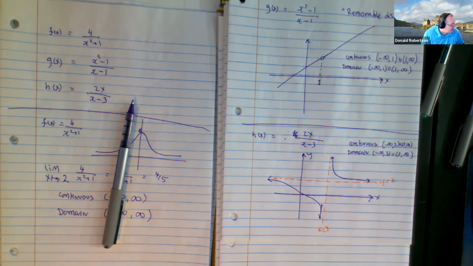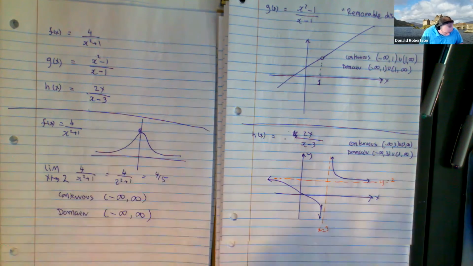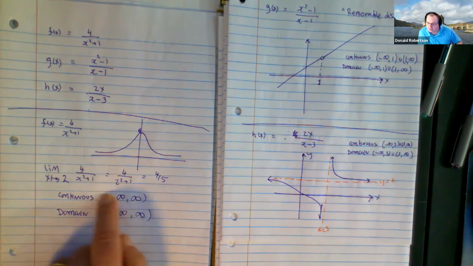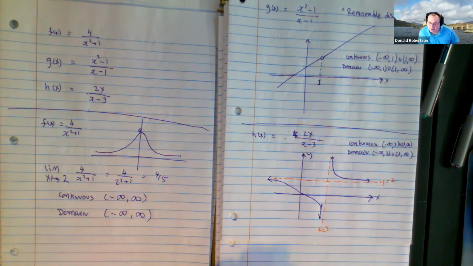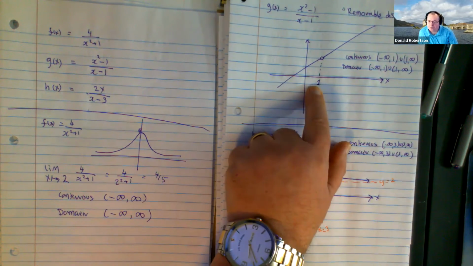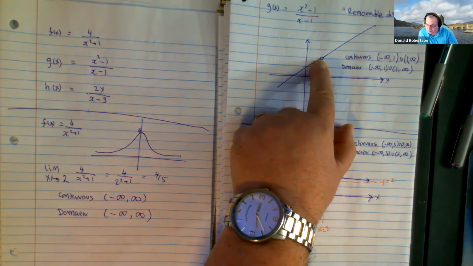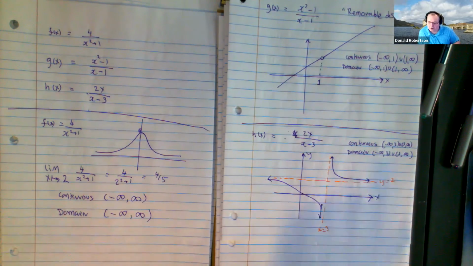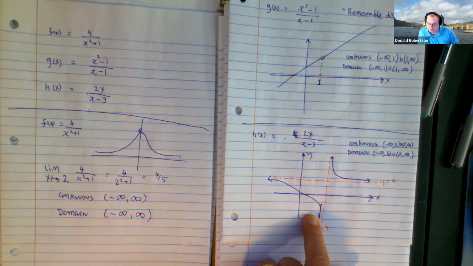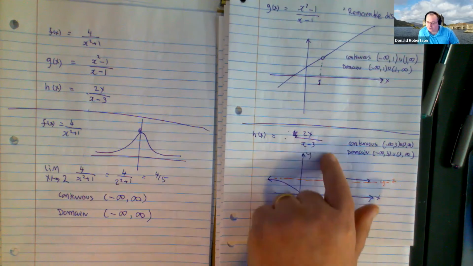So it really depends on what kind of fraction function you end up with, doesn't it? Whether you're going to have no problems at all, so it's continuous everywhere. Whether it may have a problem, but it's a removable discontinuity. Or that it may have a problem, but it's a vertical or infinite discontinuity.